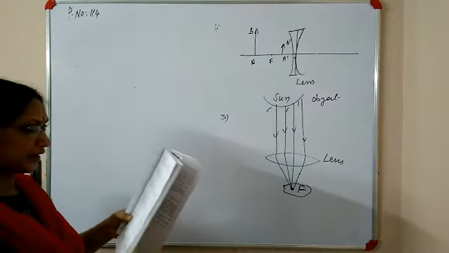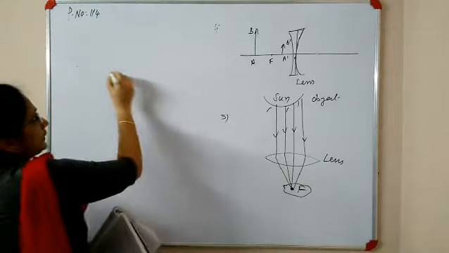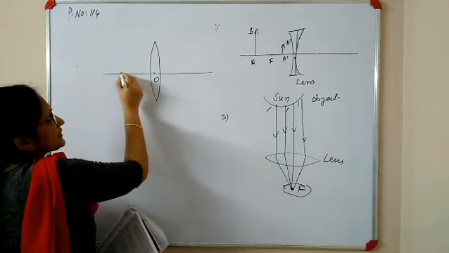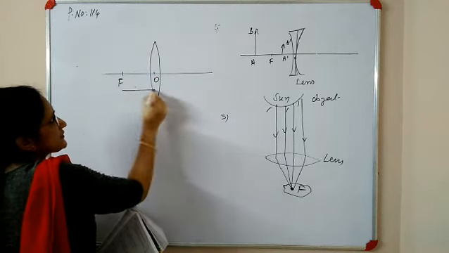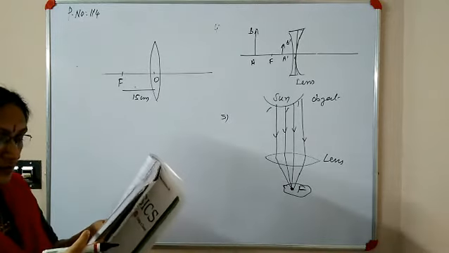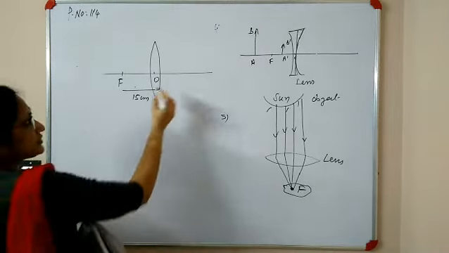This is the optical center, this is the principal focus, this distance is 15 centimeter. And its real image is formed at 30 centimeter.